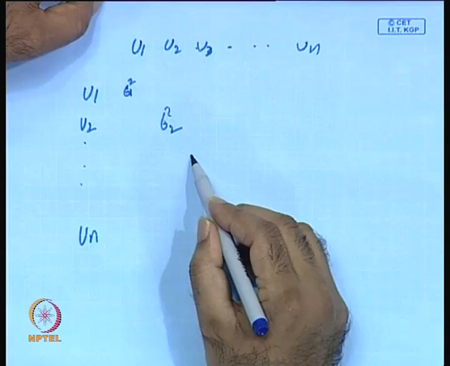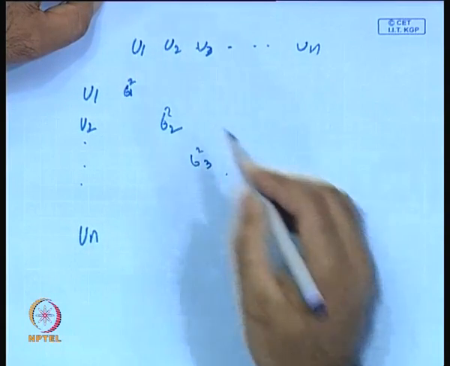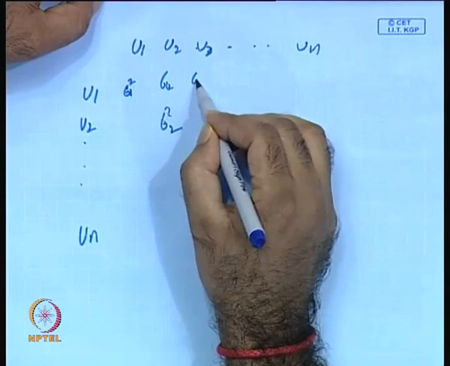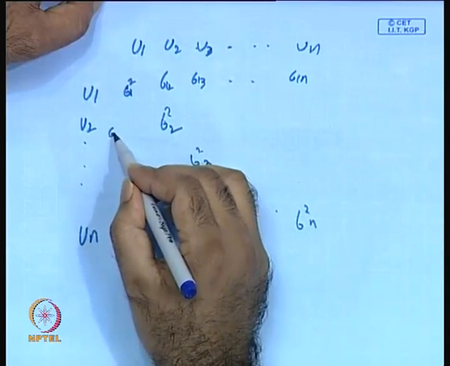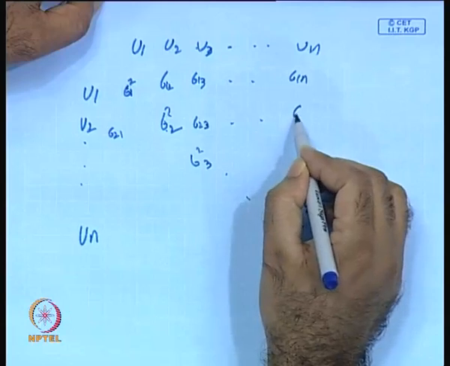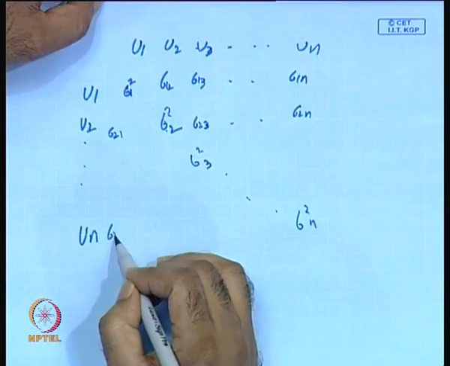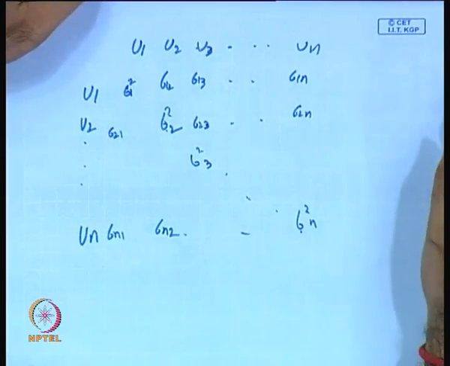This side we will call it sigma square 3. So it will continue, then you will get sigma square n. Okay, so this is called sigma 1 2, sigma 1 3, then sigma 1 n, then sigma 2 1, then sigma 2 square, sigma 2 3. So it will be sigma 2 n. Okay, so sigma n 1, sigma n 2, then it is sigma n square. So this is how the matrix looks.